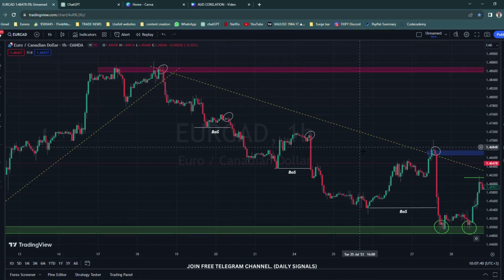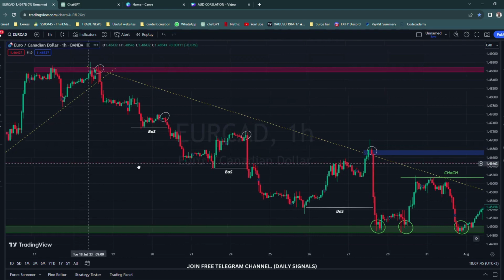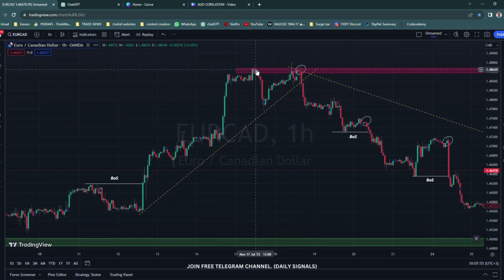So let's go. Here we are going to use Euro Canadian as our example, and we are going to start right away from here. For example, we have a big strong bullish trend to the upward side, and at this point we get two equal highs. So we have a break of structure here, and then we have a continuation and a strong impulse move until this point.